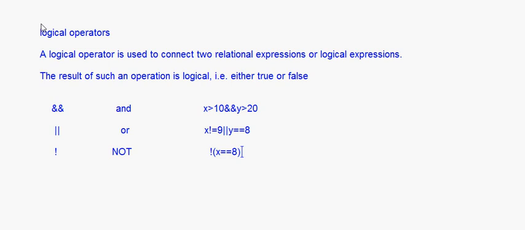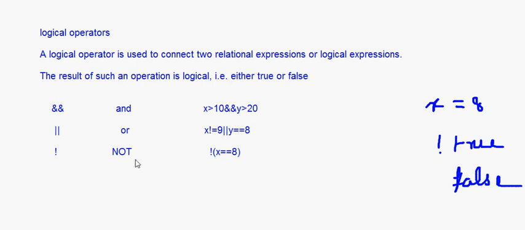And let's say the value of x is 8, then x equal to 8 will give true, right? So not true means it is false, right? So NOT basically changes true into false and false into true, right? Now let's look at some of the rules of the logical operators.